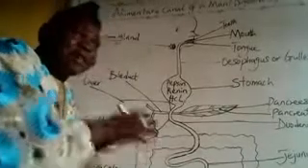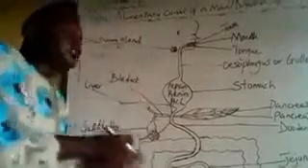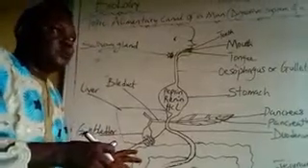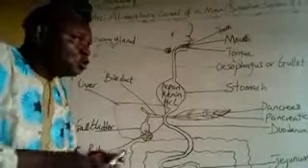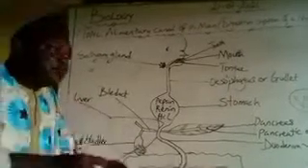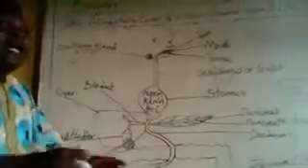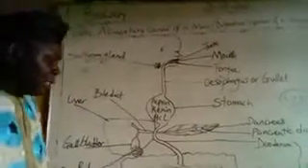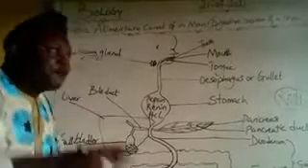The end products after the digestion, after the breakdown of large molecules of food, will move into the bloodstream through the finger-like structures known as villi.